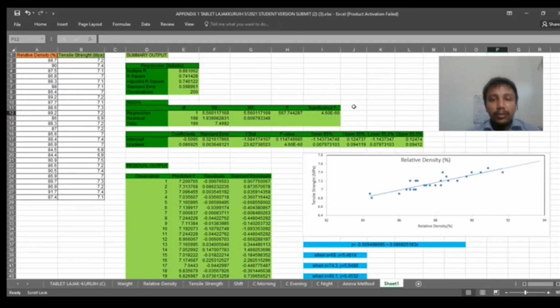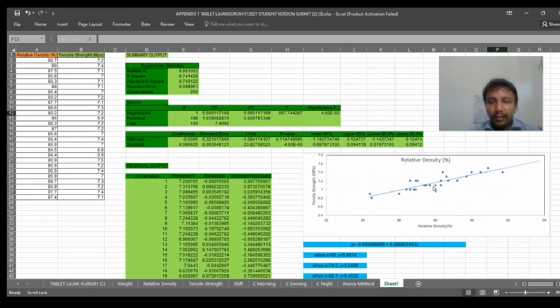So we choose alpha as 5%. After calculation, we get the significance F value of 4.6 to the power negative 16, which is very low compared to the 5% we chose. So we can clearly reject this hypothesis, and we can say that there is a linear relationship between them.